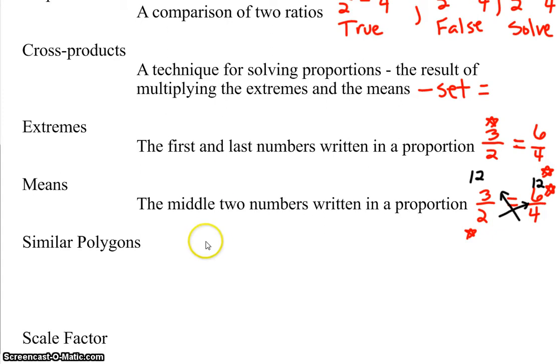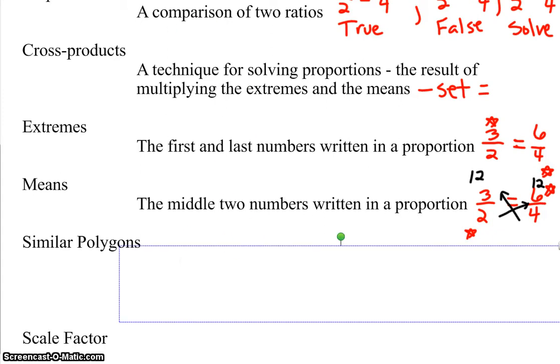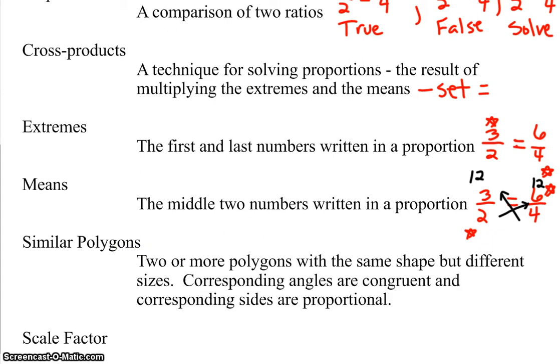Our next definition is similar polygons. Similar polygons are two or more polygons with the same shape but different sizes. The corresponding or matching angles are congruent and the corresponding sides are proportional.